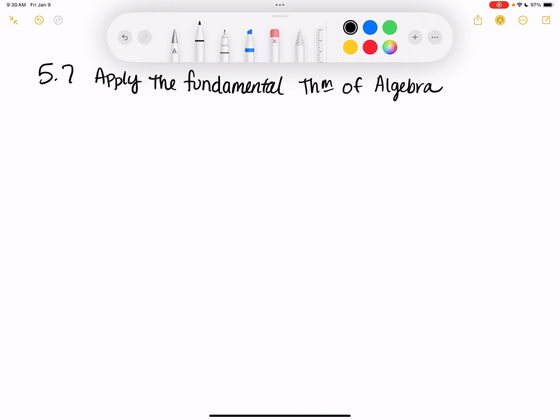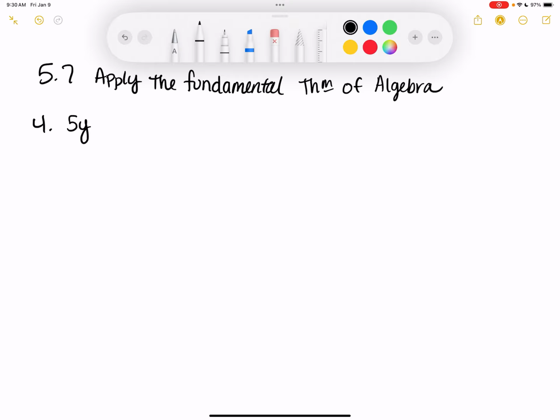All right, identify the number of solutions or zeros. 4. Everyone be quiet. So we can have a quiz on this section if we already know how to do it.